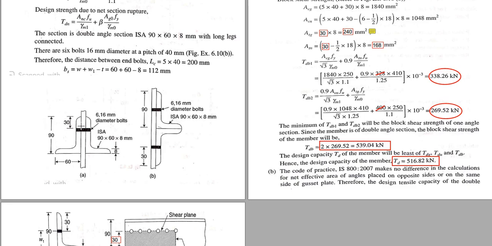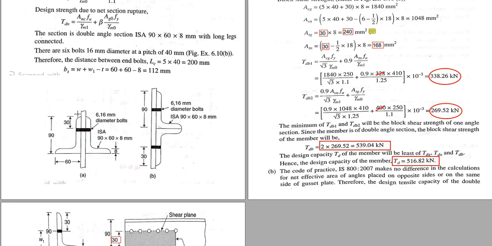So this is 90 millimeter, this is 60 millimeter. Here also in this figure 90, 60. In both figures the angles, the number of bolts and the diameter are the same.